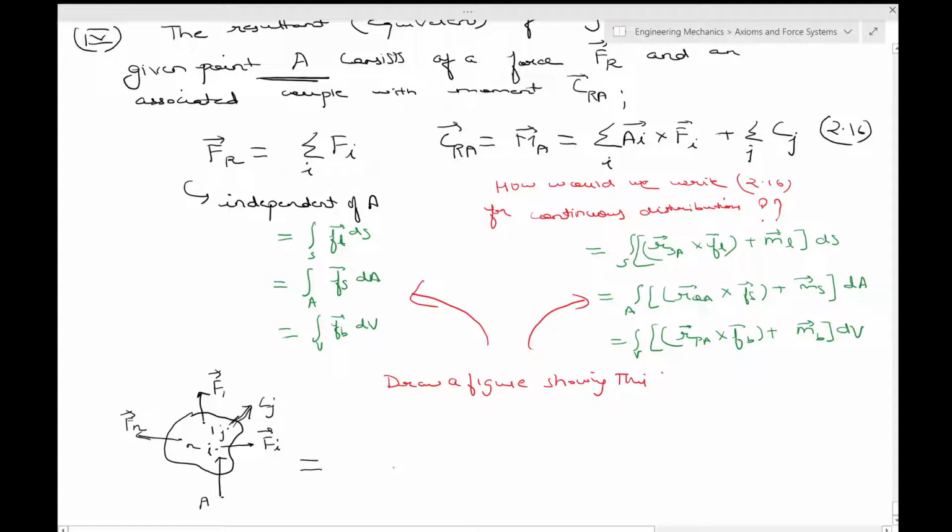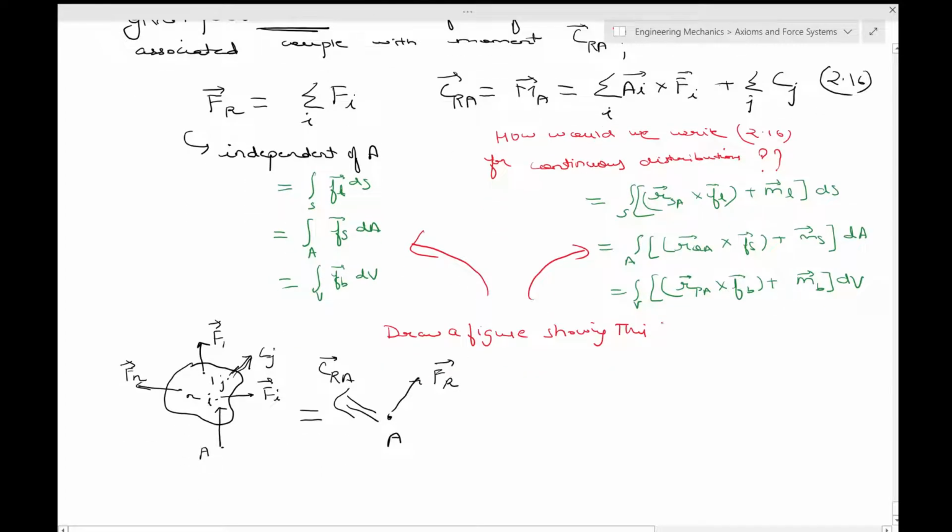The equivalent of it about the point A would just have this Fr, and it would just have CRA. CRA actually has all the moments of the couples, and it also has the moment due to the forces Fi. So both of them are there in this CRA, which is in this equation 2.16.